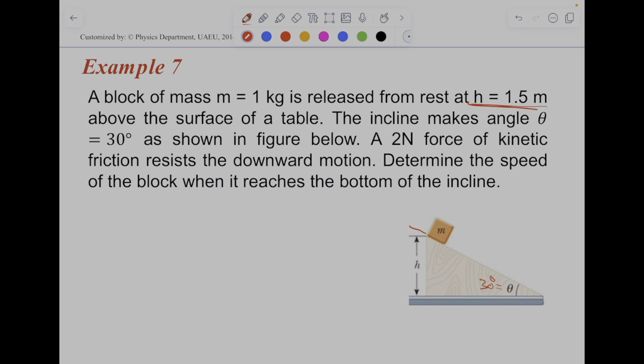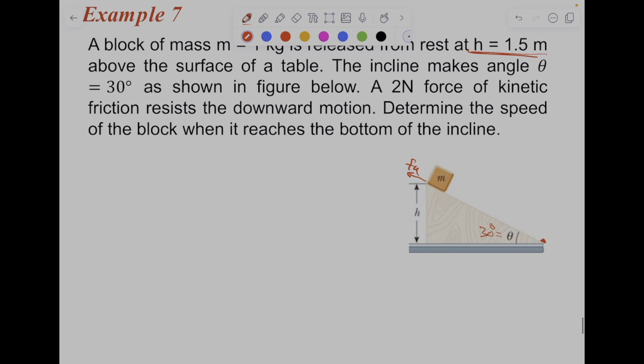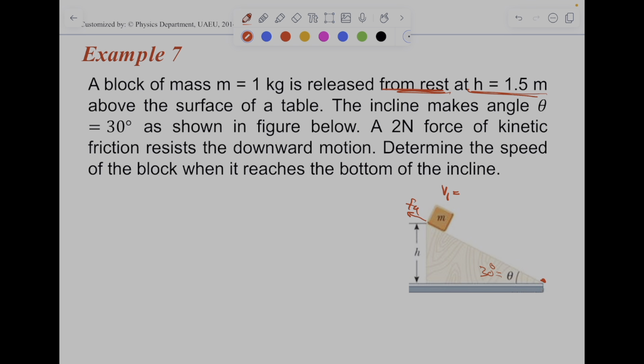Determine the speed of the block when it reaches the bottom. It starts from rest, so its initial velocity is 0. Its mass is 1 kilogram and the height is 1.5, and it's making an angle.